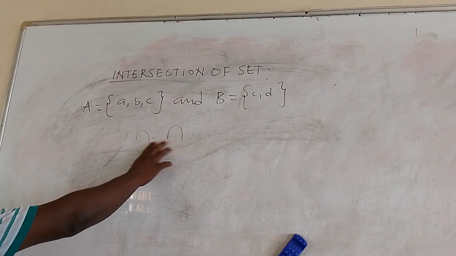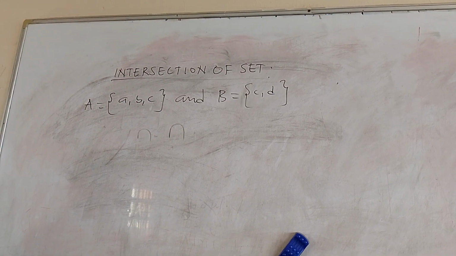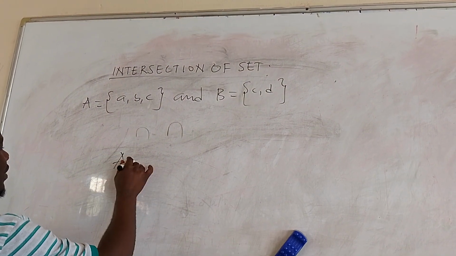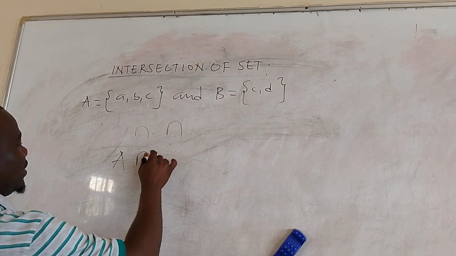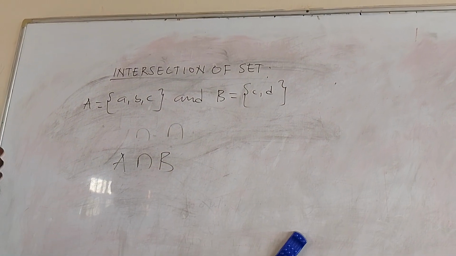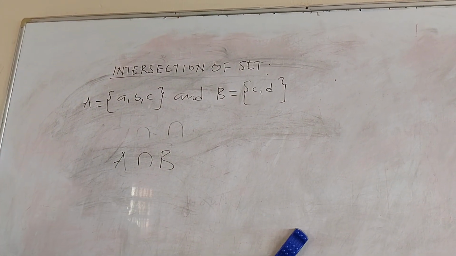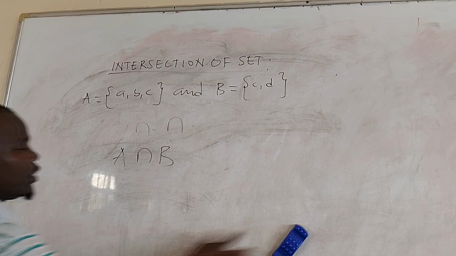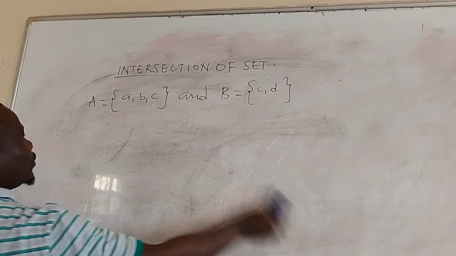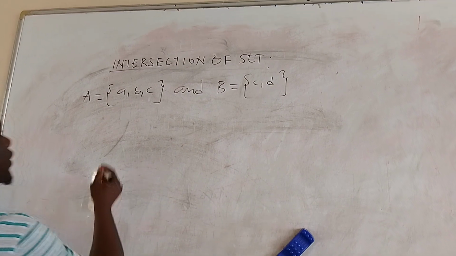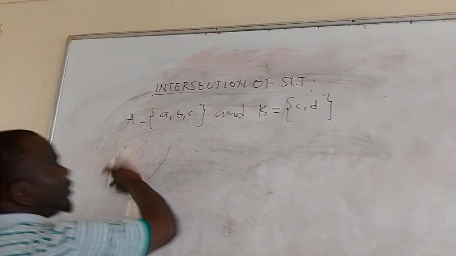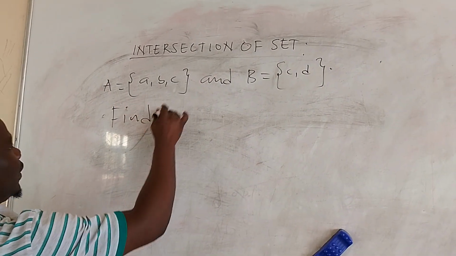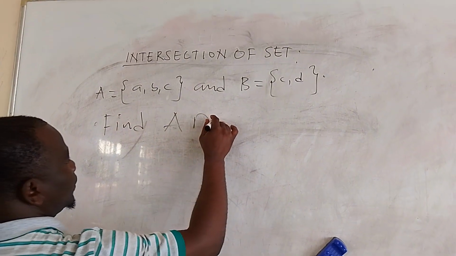This symbol means intersection. So when we are talking about A intersect B, this is how it's denoted. Is that clear? So please take note. So now, find A intersect B.